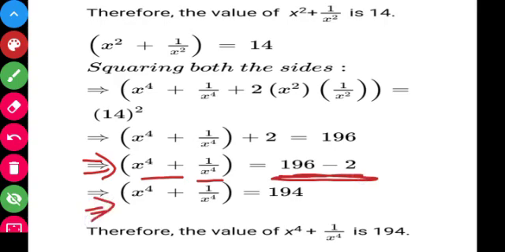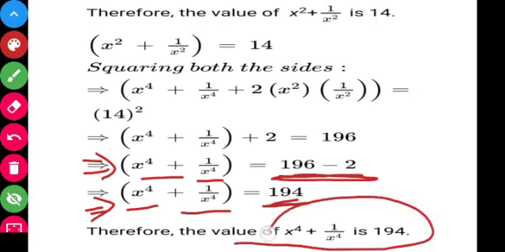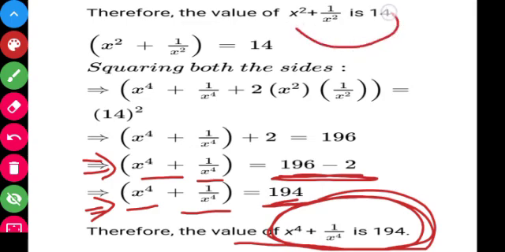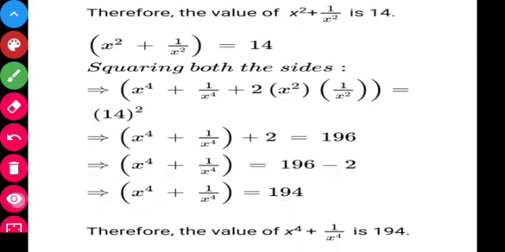Therefore x to the power 4 plus 1 upon x to the power 4 is equal to 194. Understand? And the first part was x square plus 1 upon x square is equal to 14. Then come to the next question.